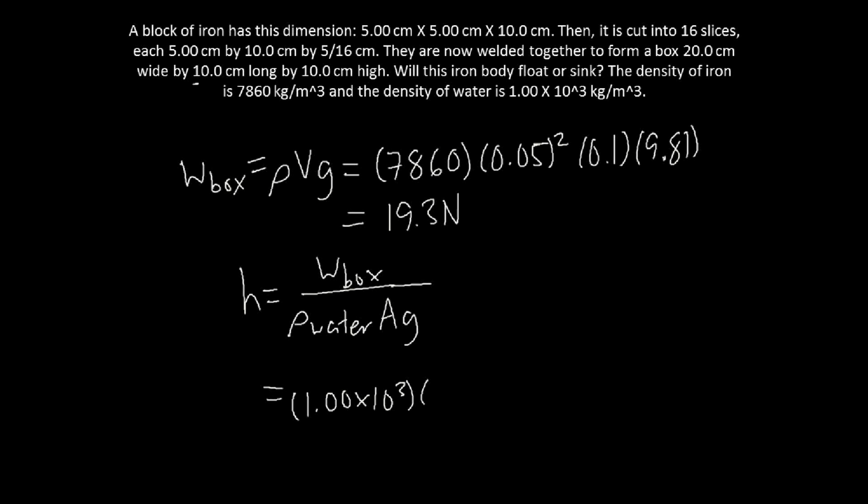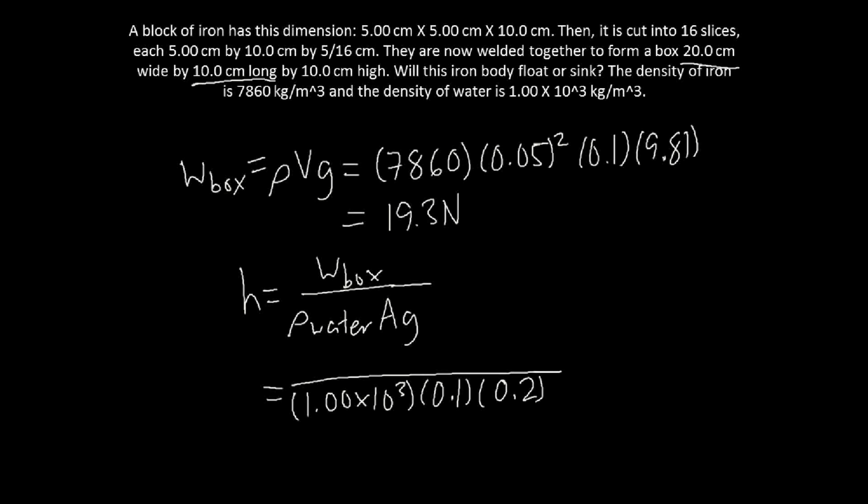Wait, yes, this is our length and this is our width. So this we go to the denominator. So our length is 0.1 meters, converting it into meters from centimeters, and then our width will be 0.2 meters.